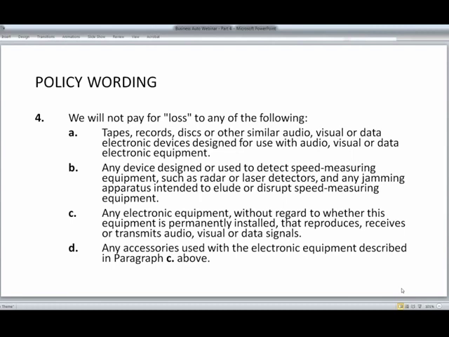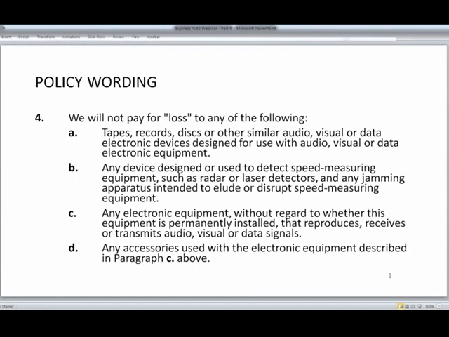We also don't cover certain property: tapes, records, discs, or other similar audio-visual or data electrical devices designed for use with audio-visual or data electrical equipment. We don't cover any device designed or used to detect speeding measurement equipment. This is your radar detectors. One part of this is because there are a lot of state laws that do not allow radar detectors to be in a vehicle.